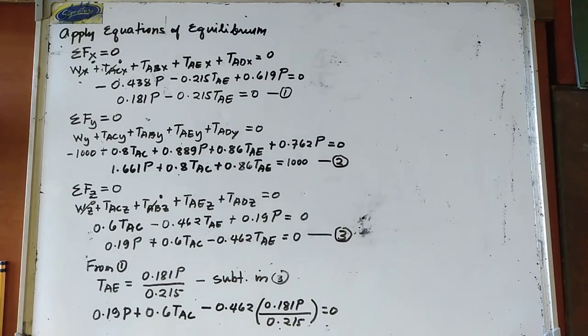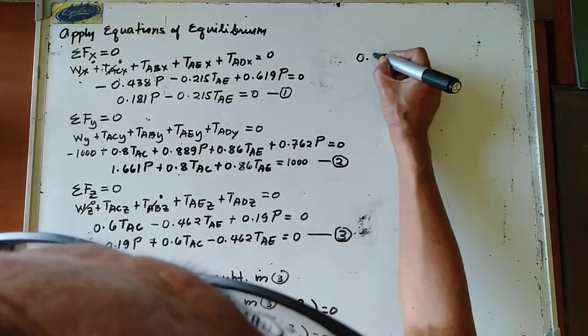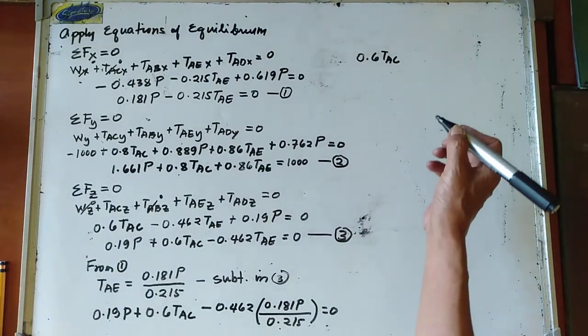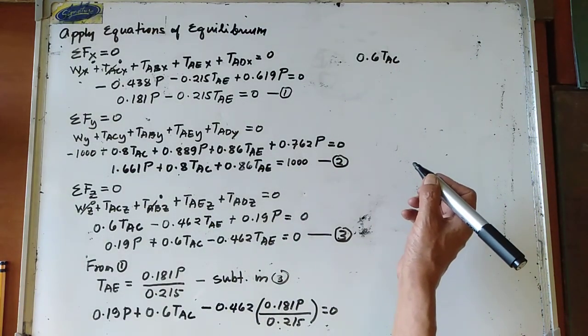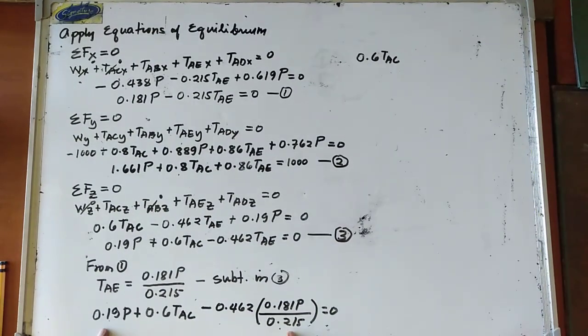Hence, 0.6 TAC is equal to, let's combine these two terms in here, 0.19P and this term.